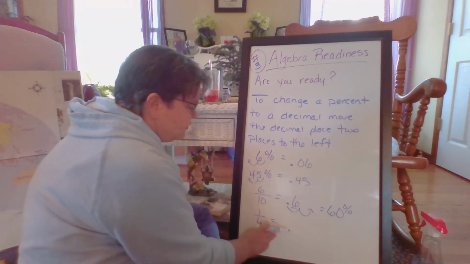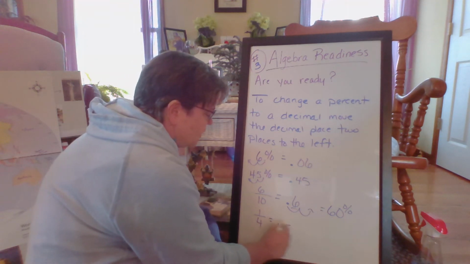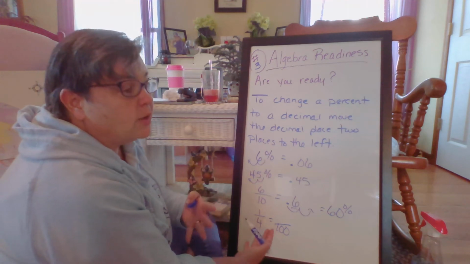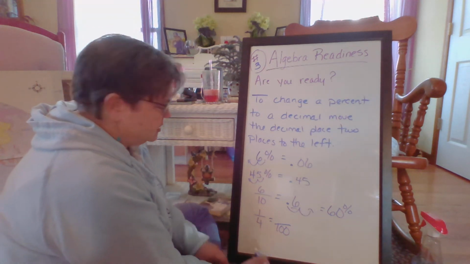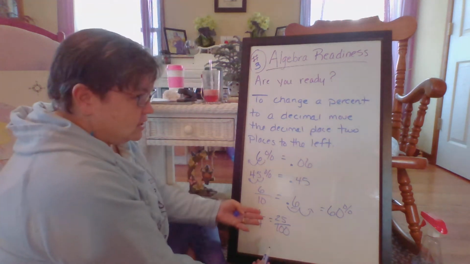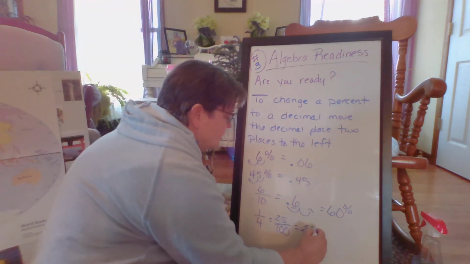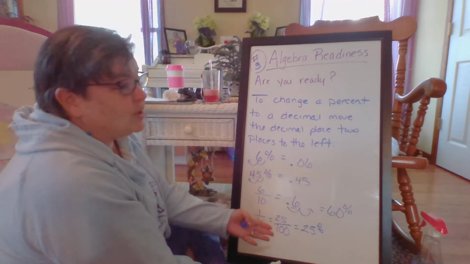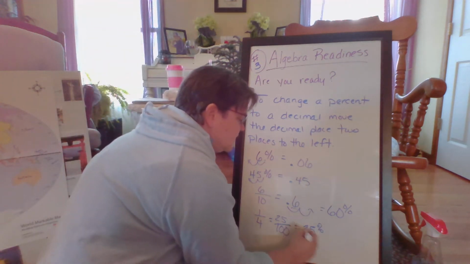Okay, if you can't figure that out, do it this way. 4 into 100, because 100 is our percentage basis. 4 goes into 100 25 times. So this is going to be 25%. If I wanted to write 25% as a decimal, I could move the decimal back.